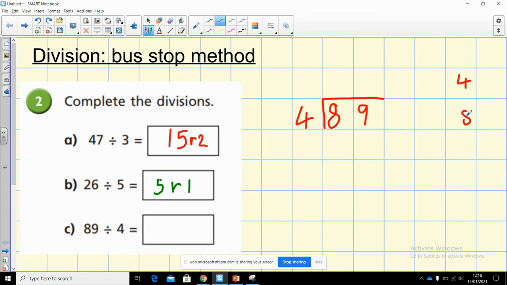Well, that's an easy one. There's 2 with no remainders. Then I go on to how many 4s go into 9? 4, 8. You should be saying to me, stop, because 12 is too far. So it goes 2 times. But my target number was 9, not 8. So I've got 1 left over. It's 22, remainder 1.